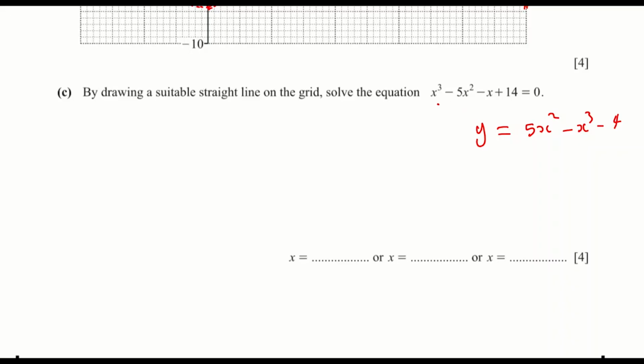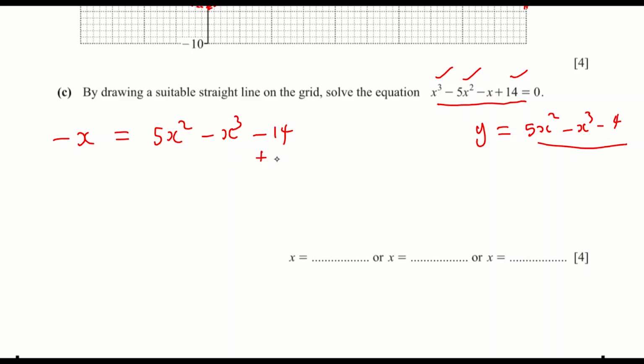Okay, so I want to write this equation in this form. So what do we do? I need to transfer, let's leave minus x on the left hand side and transfer this and this to the right hand side. So I have minus x equals 5x squared minus x cubed, then minus 14. So now let's work towards this. I need to get minus 4. So that means I have to add 10 to both sides.